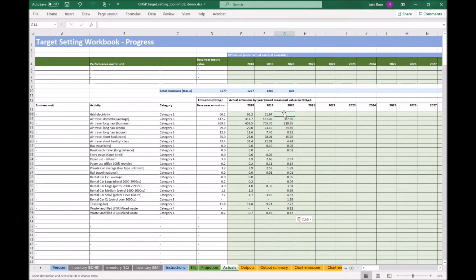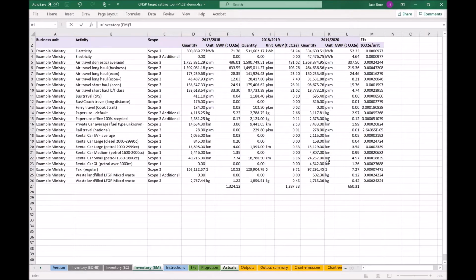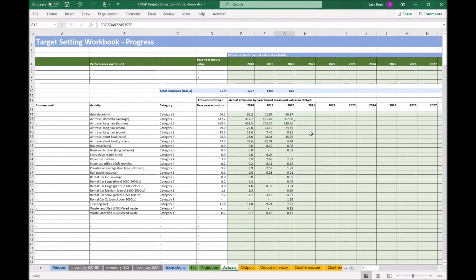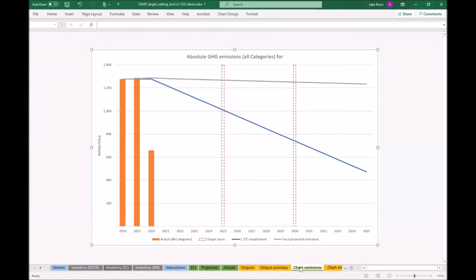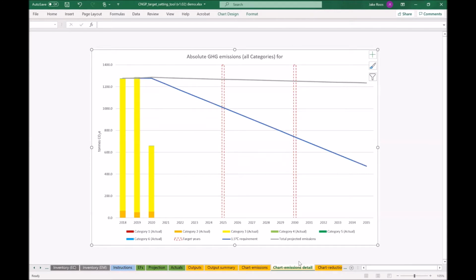And we'll get the electricity, which is actually for some reason in two separate lines. Not quite sure why. One's additional, one's not. Let's just add them together for simplicity's sake. There we go. Done. We've got the actuals, and then they'll appear in the emissions results as the orange bars. Or, well, the bars, depending on which graph you're in, they might be different colors.